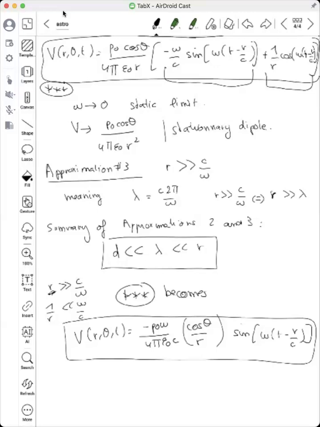Cosinus and sinus are within minus 1 and 1, so I can compare the factors and neglect the second term compared to the first term. So I've reached a much, much easier expression of the potential V, okay?